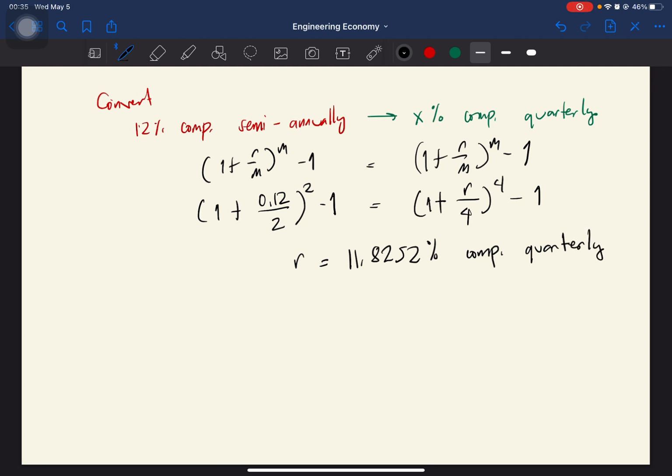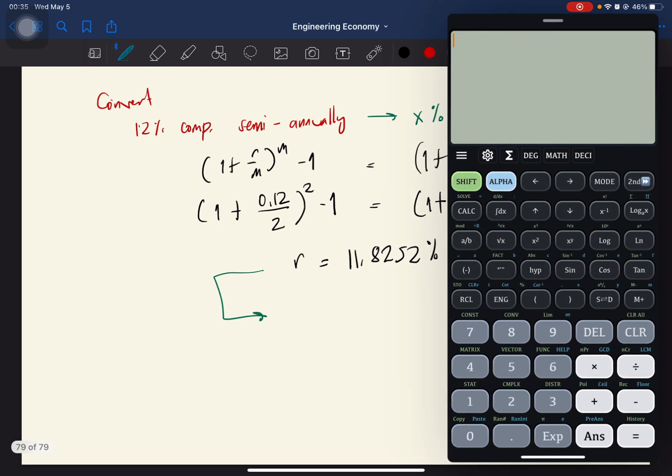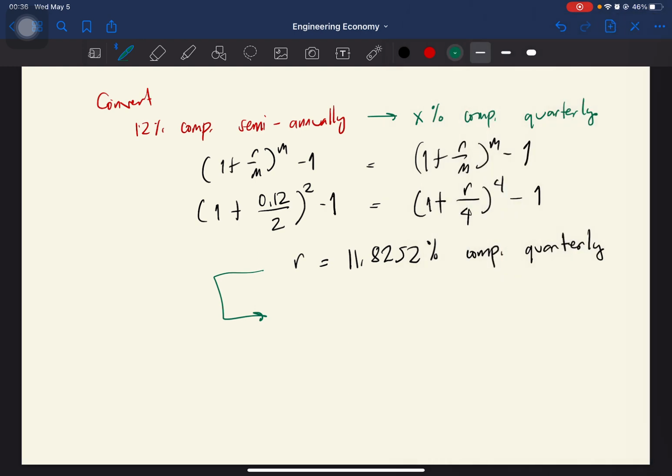Okay? Bali ilan yun? Ano yung, bali per quarter, ano yung interest rate natin? Ibig sabihin yan, that is 2.9563 every quarter. Okay, so that is the value of our i.